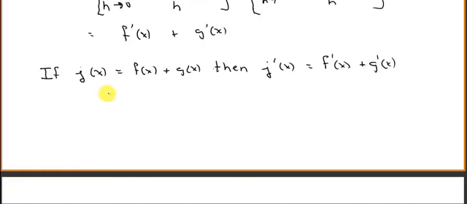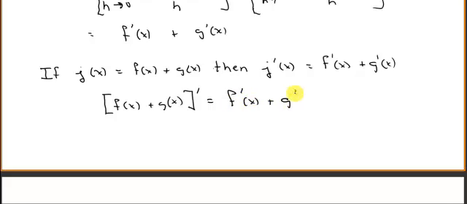Or we might write this as the derivative of f plus g of x is equal to the derivative of f of x plus the derivative of g of x.